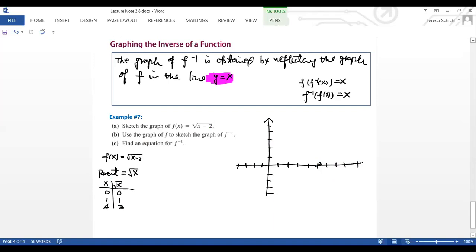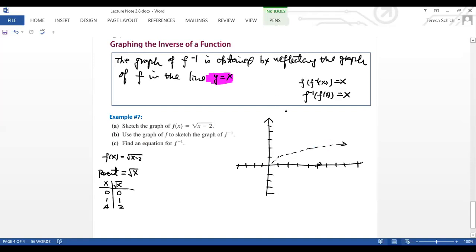It's 4, and this is what? It's 2, right? So the parent function goes like here, 0, 0 here, 1, 1 here, 4, 2. So for the parent function, I draw it with dotted lines, right?